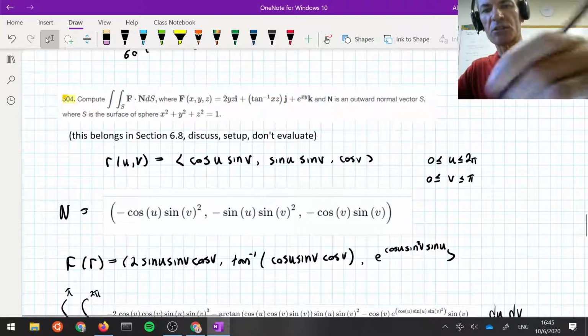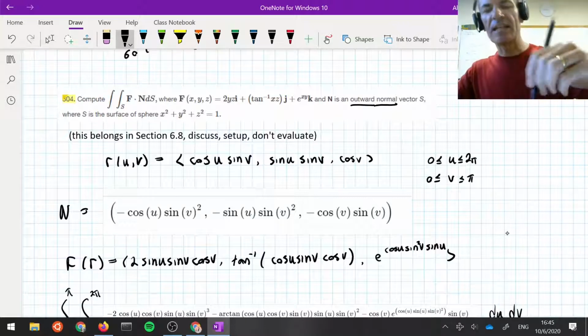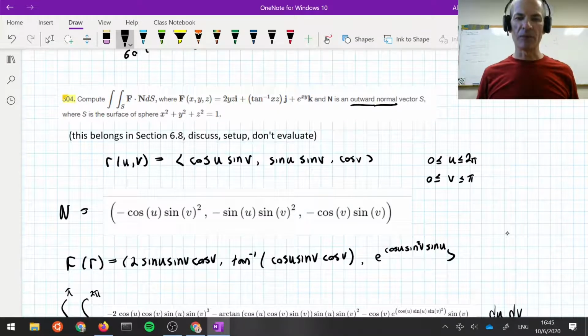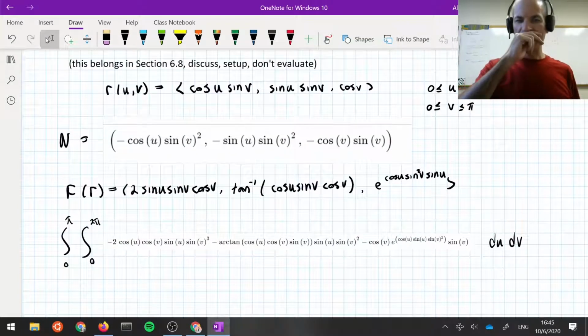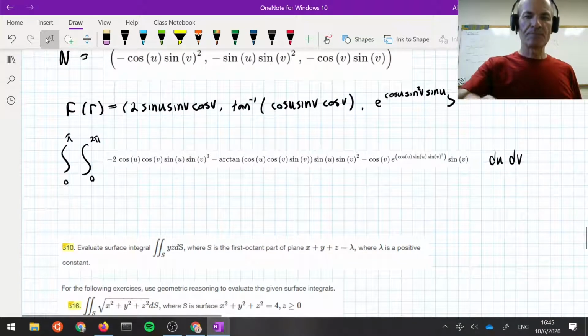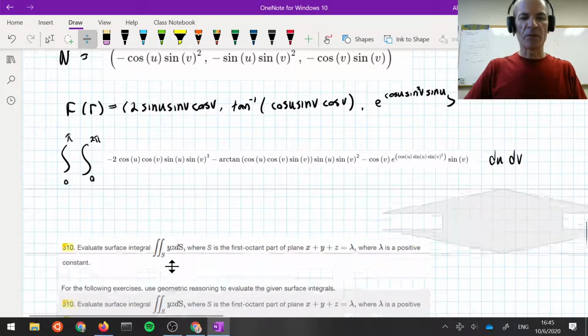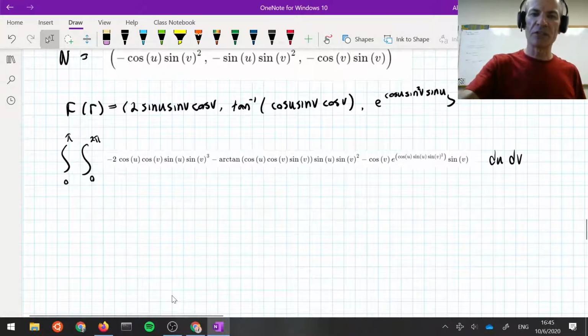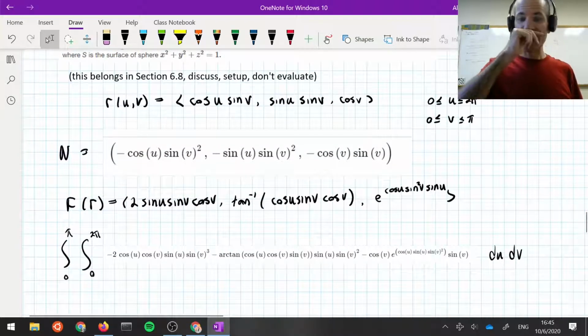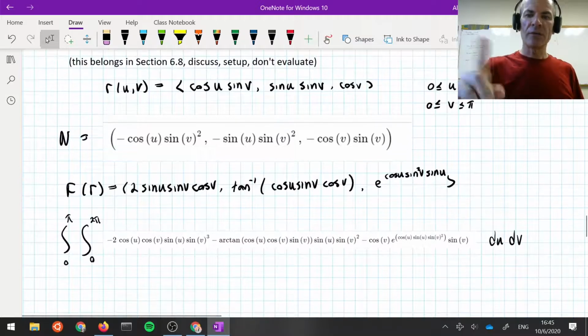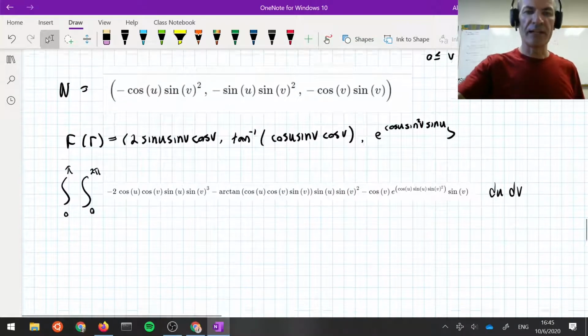Oh, and I guess there was one other item that we should talk about. This is a closed surface. Did we actually use the outward pointing normal? This is a challenging question to ask also. And all you really have to do is, since the sphere is what we call an orientable surface, and since this parameterization describes the entire sphere, we really only have to test this at one place.